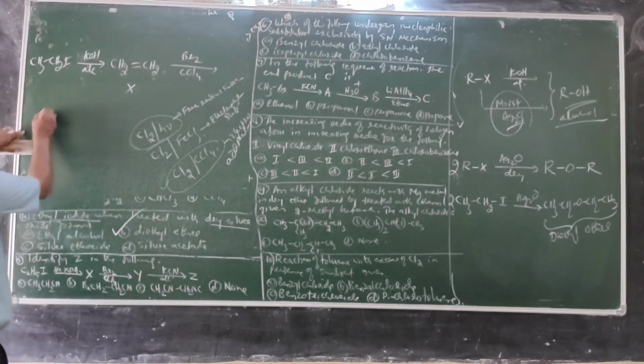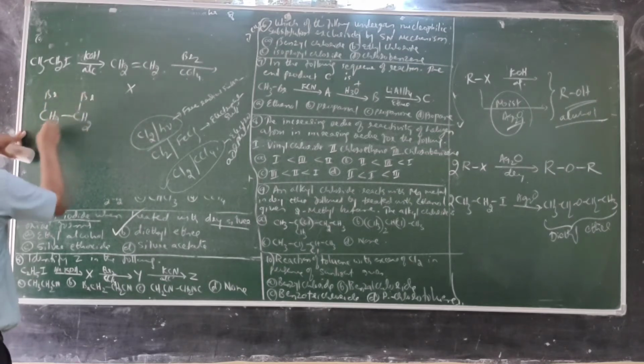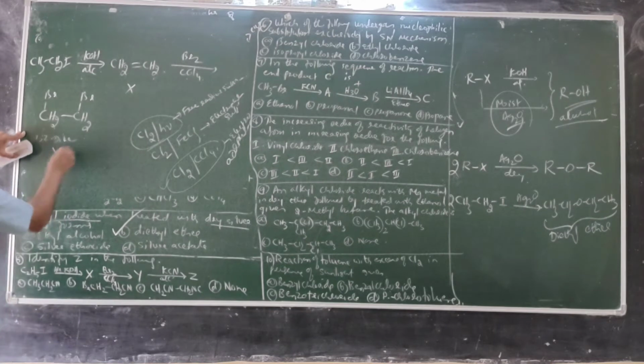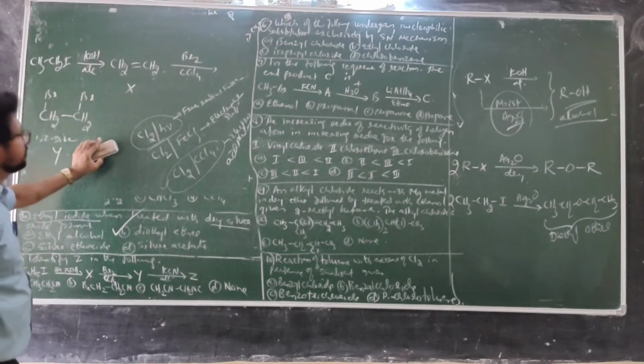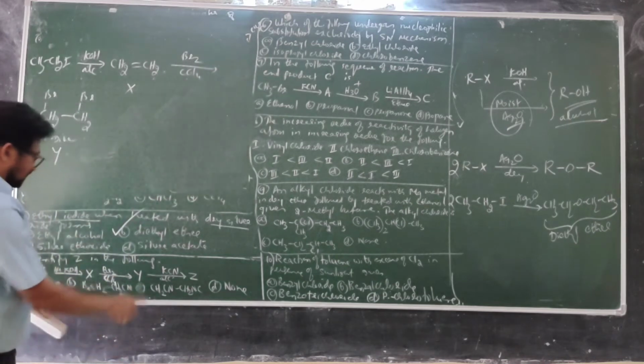What is the product? Addition across the double bond. So the product is CH2Br, CH2Br, 1,2-dibromoethane. That's what Y is. Next, what is this?